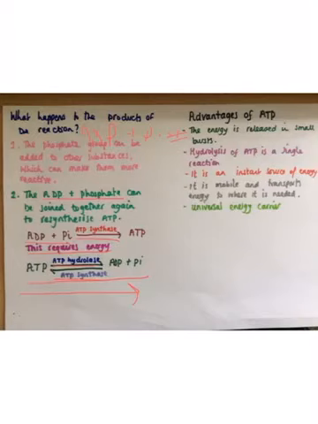Because it's quicker, we say ATP is an instant source of energy. And because it's only a small molecule, it's mobile, and it can be transported around the cell to where the cell actually needs it. The last thing is we say it's a universal energy carrier, which means that it's actually found in all eukaryotes and prokaryotes. So bacteria also use ATP as an energy molecule as well.